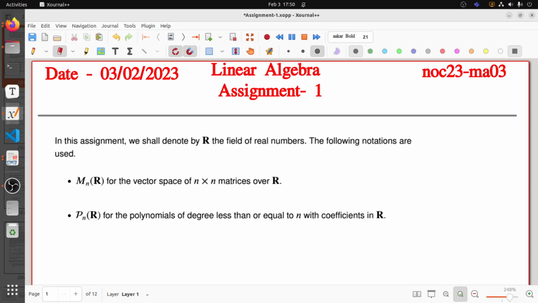Multiplication is associative. Let's check this. Multiplication is associative or not. What do you have to check? For a, b in R and u in V, you have to check whether (a dot b) dot u equals a dot (b dot u) or not, right?